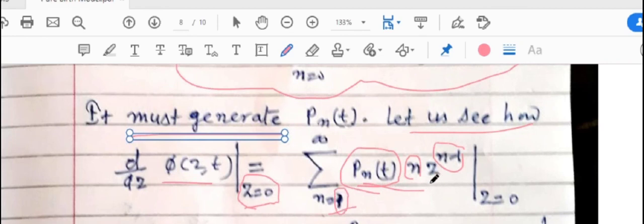What problem? If n is equal to 0, everything will become 0, and therefore we are going to start from 1. This is not possible from 0. So we change this condition.